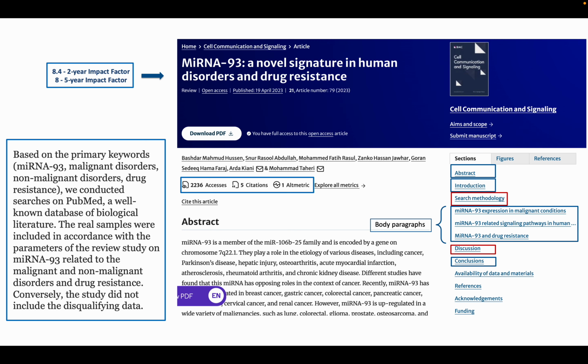This is a simple methodology if you want to write it in your review article. Just focus on your main keyword, which database you use to collect your data, and which data you excluded. These are important for methodology if you want to include it in your review articles.